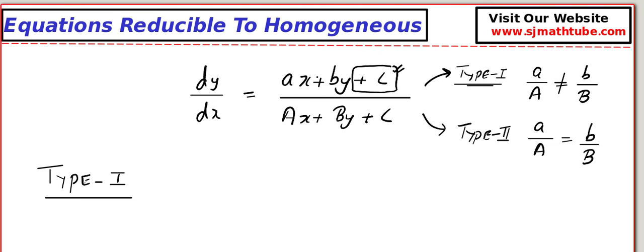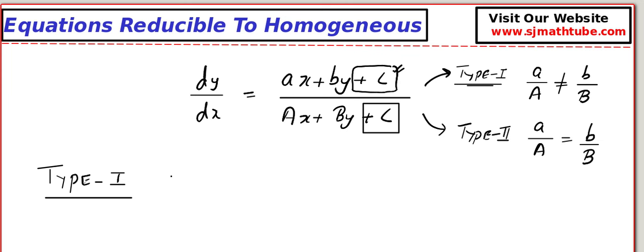And I told you homogeneous differential equation means every term will have same degree. So look at this: degree 1, degree 1, the degree becomes 0. Again, degree 1, and the last term has degree 0. So our aim is to somehow eliminate the constant part.